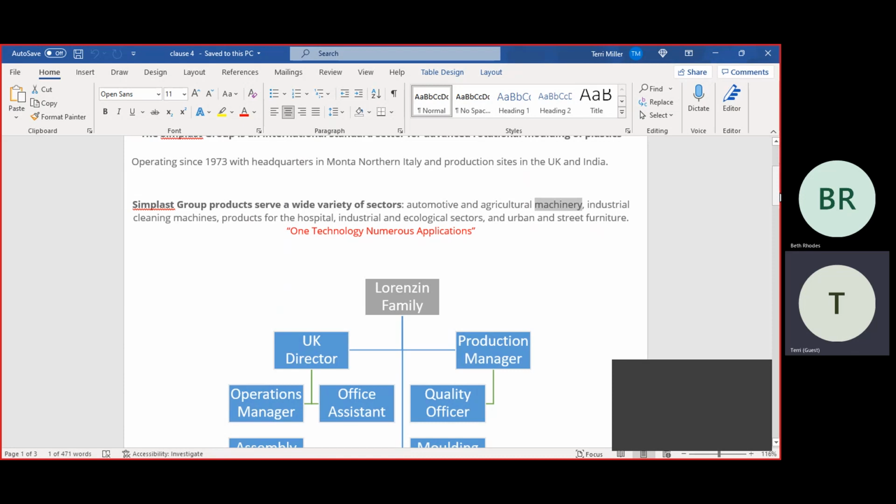It's really innovative. The Simplast Group products serve a wide variety of sectors: automotive, agricultural machinery, industrial cleaning machines, products for the hospitals, industrial and ecological sectors, and urban and street furniture, which is the benches that I just mentioned. And basically our tagline on our website is that one technology, numerous applications. I mean, it is really, really innovative.